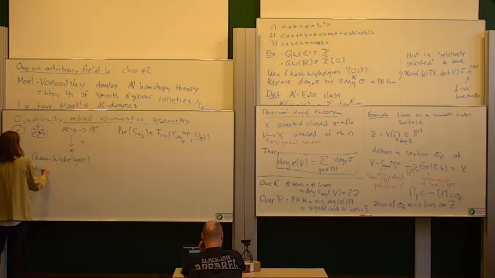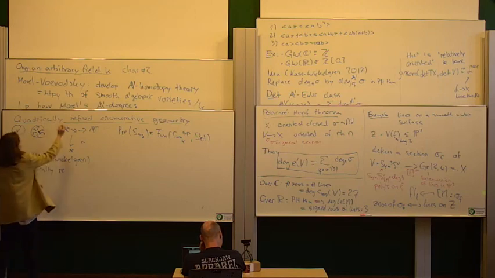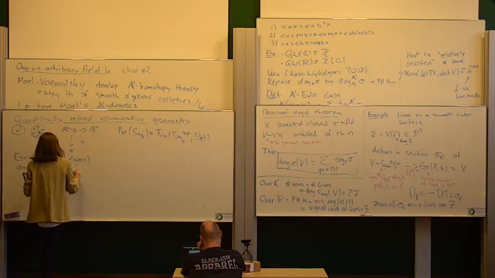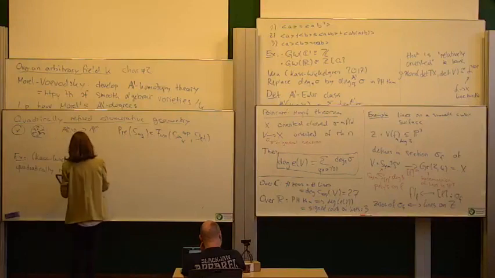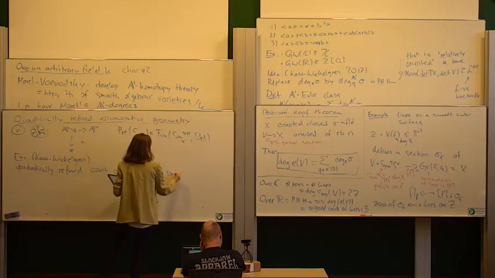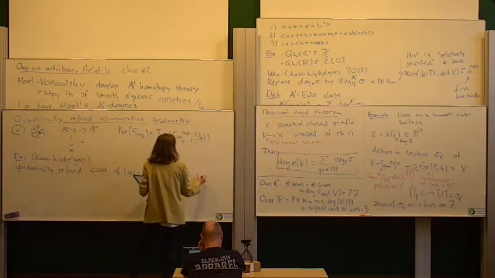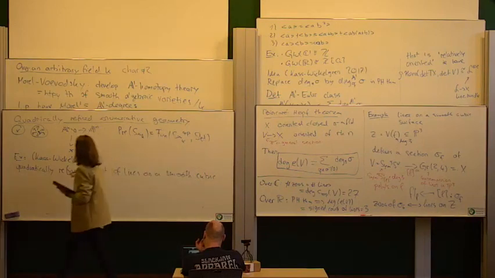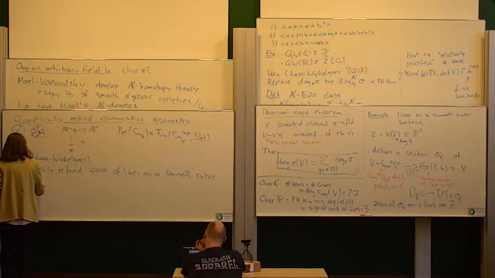So a quadratically refined count of lines on a smooth cubic surface. What is this?